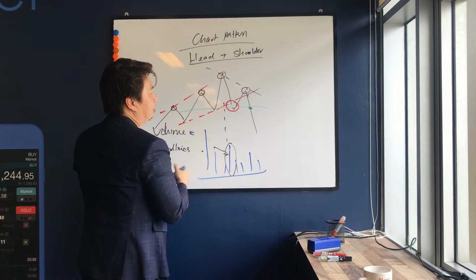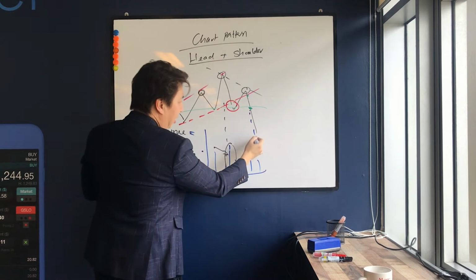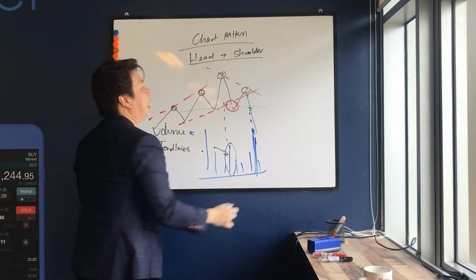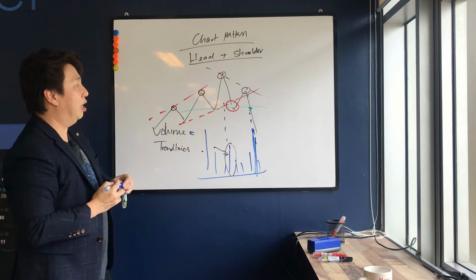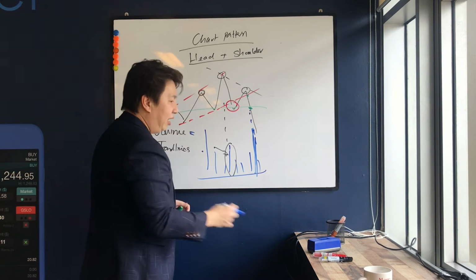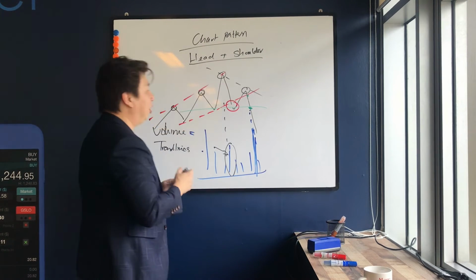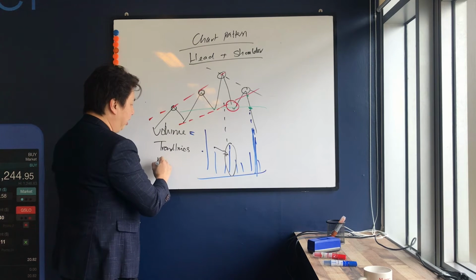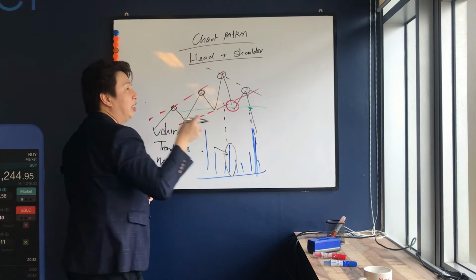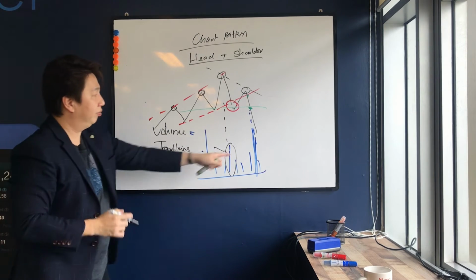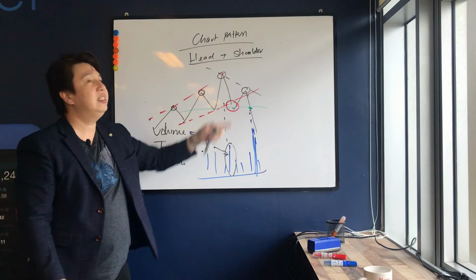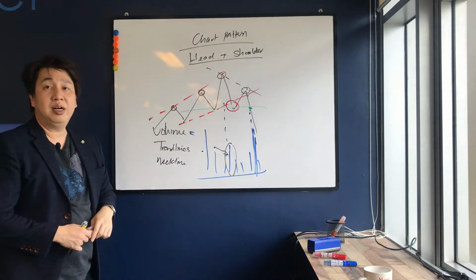After volume reduces, on this break, volume suddenly shoots up again. Then you will say the neckline is being broken, and right now we have a confirmation of this break of the neckline, and this is a possible head and shoulder pattern.